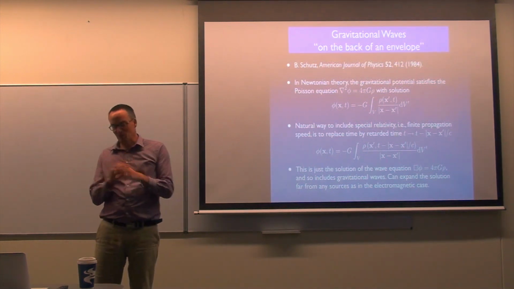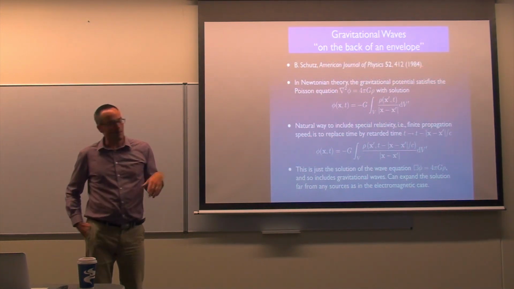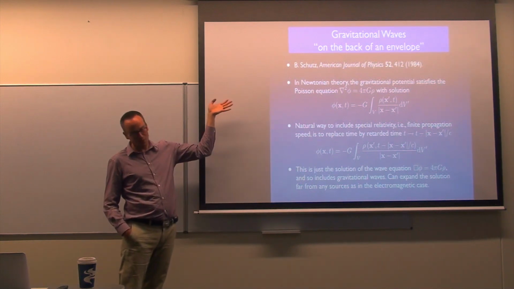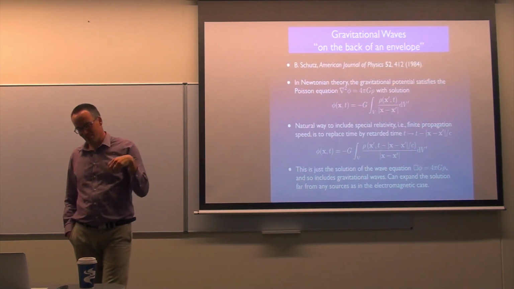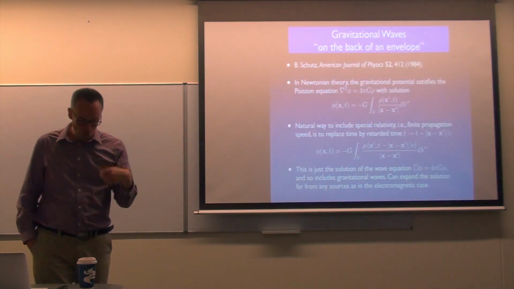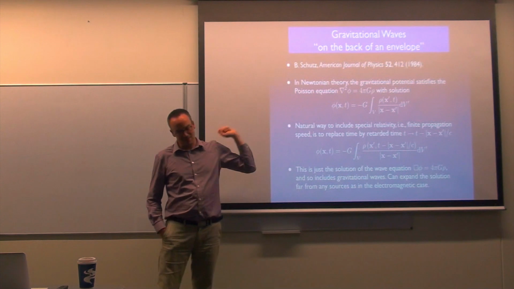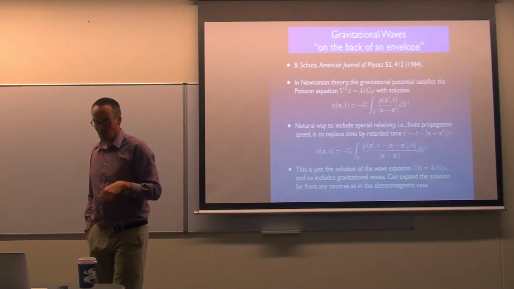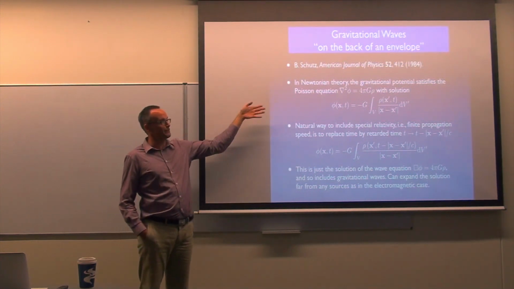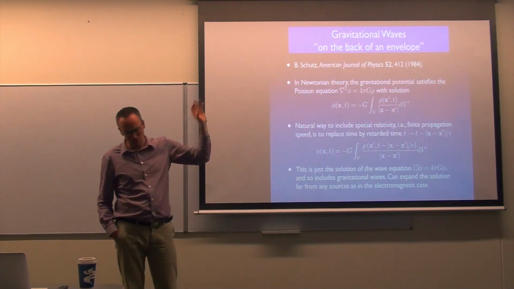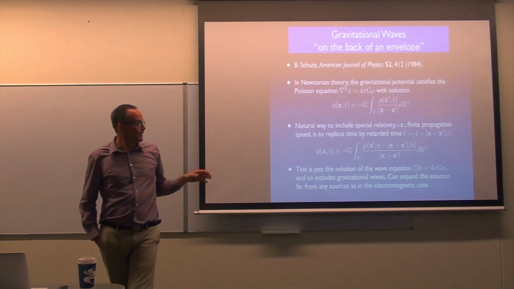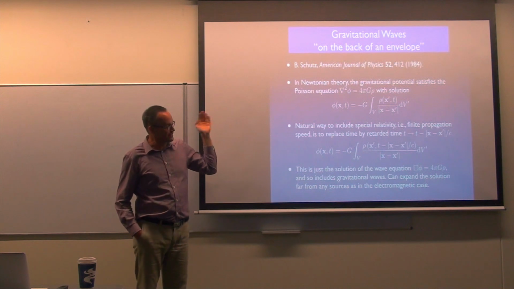What he says is on the back of an envelope. And doing this, you can get essentially the form of the quadrupole formula for gravitational waves and the energy flux in gravitational waves. Straightforwardly, you don't get the right factors of pi, you need to do full GR for that, but you get the right sorts of scalings.